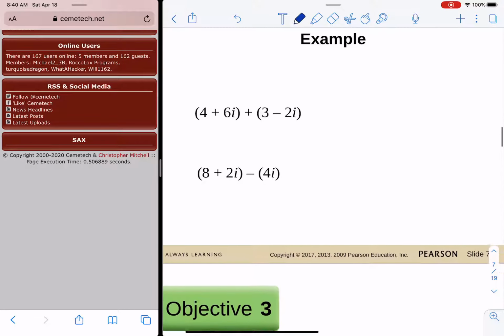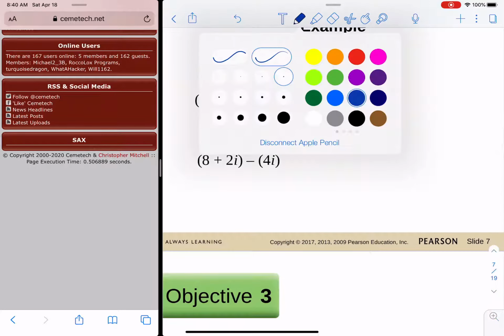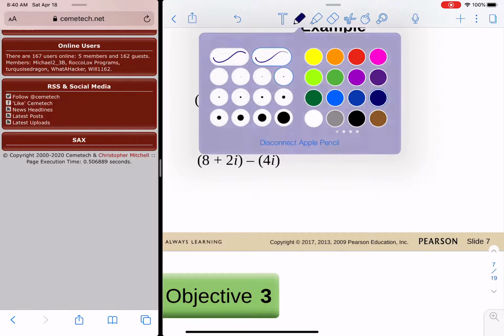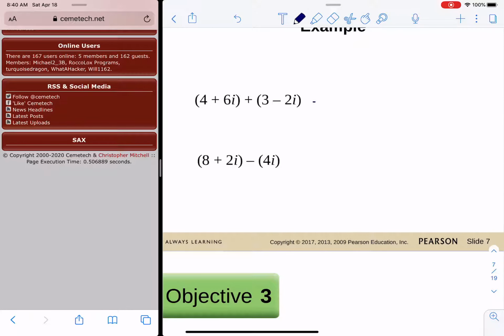So here we have some examples in adding and subtracting complex numbers. First step, I'm going to write it as 4 plus 6i plus 3 minus 2i. Combine the real parts, which would be 4, 3.